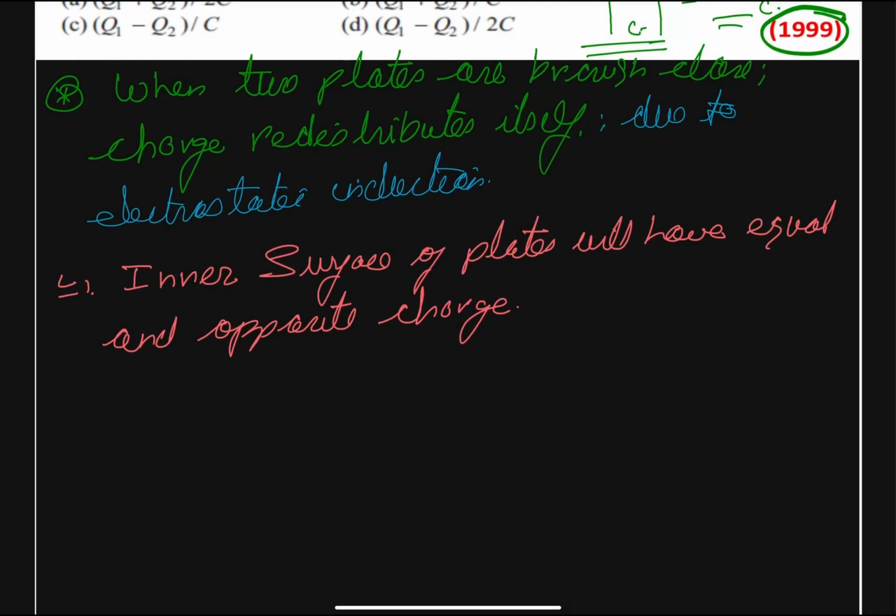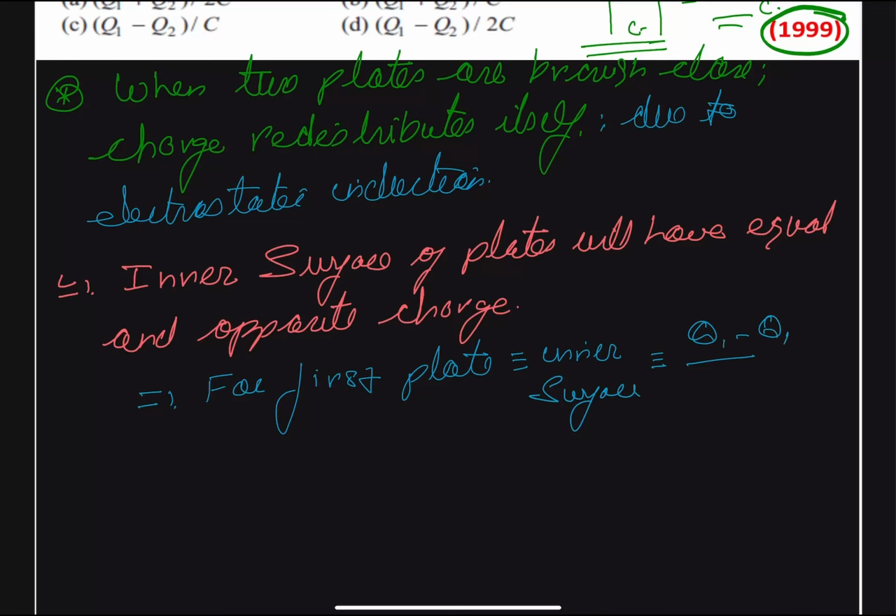So therefore for the first plate, inner surface, the charge will be equal to (Q1 minus Q2) divided by 2.